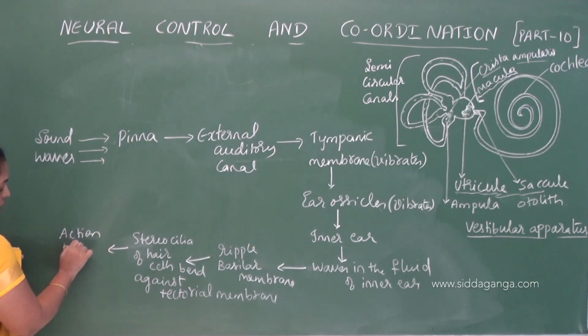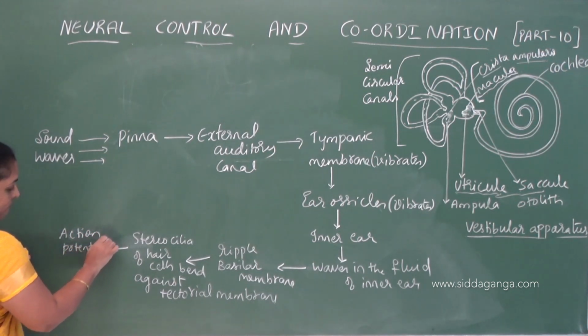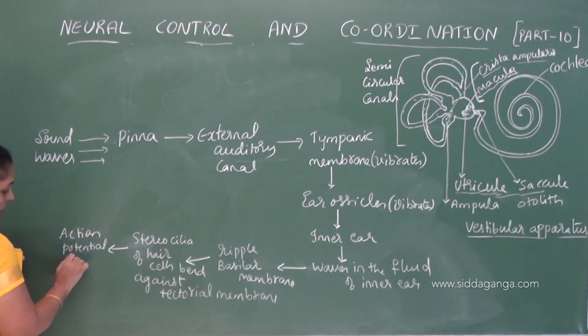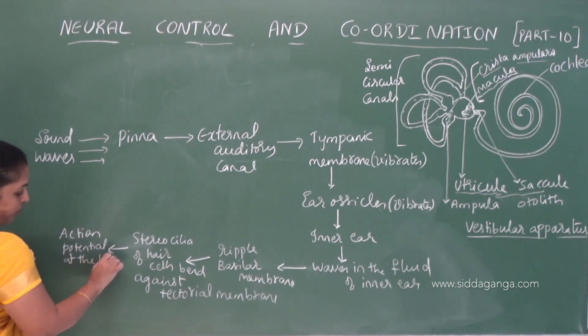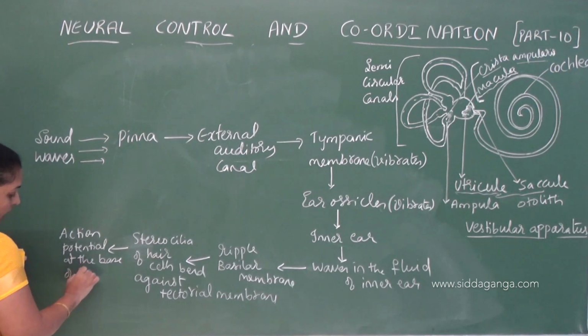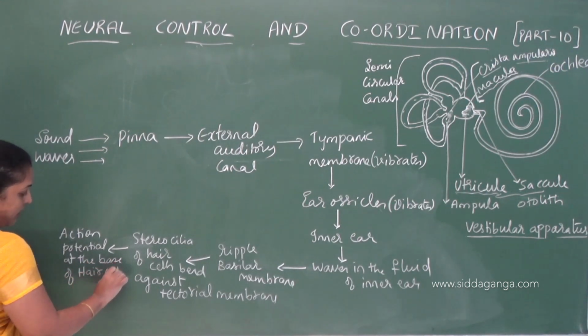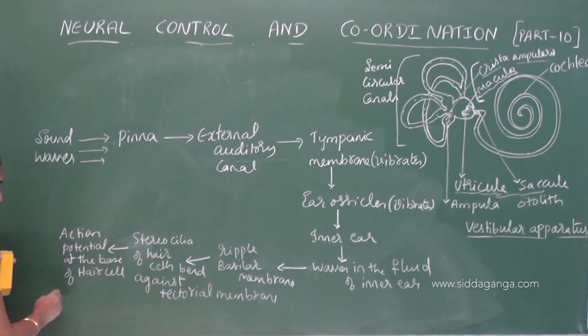Action potential is generated at the base of the hair cells that is in contact with the afferent nerve.